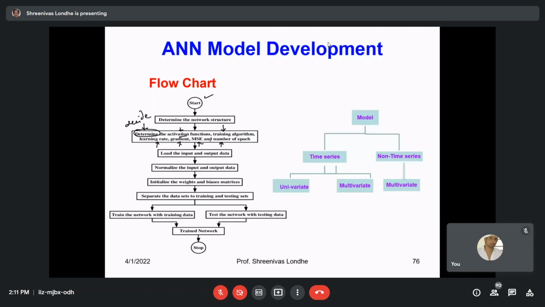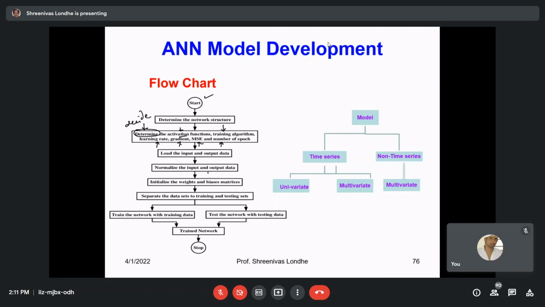Then load the input data set and the output data set, give that information to the neural network, and normalize the data in a particular range. Then initialize the weights and biases so that the network will run and the initial iterations will take place. Then it will calculate the error, and the error will be considered again for reduction.